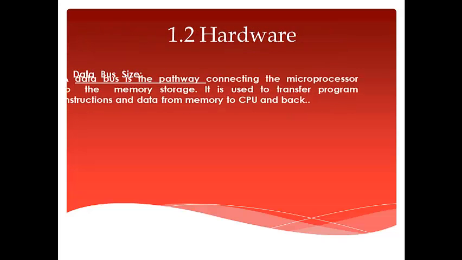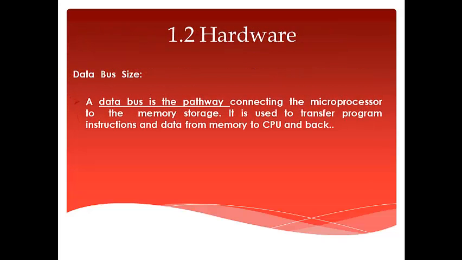Data bus. A data bus is a pathway connecting the microprocessor to the memory storage. It is used to transfer program instructions and data from memory to the CPU and back. What is a data bus? There are two types of bus: one is a data bus and the other is an address bus.